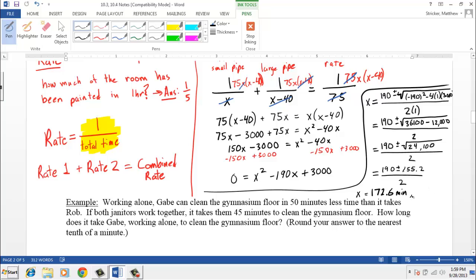And then the other one we subtract, 190 minus 155.2 divided by 2, which equals about 17.4.